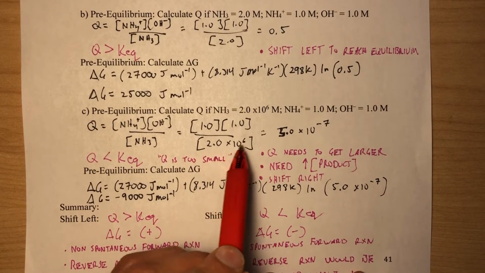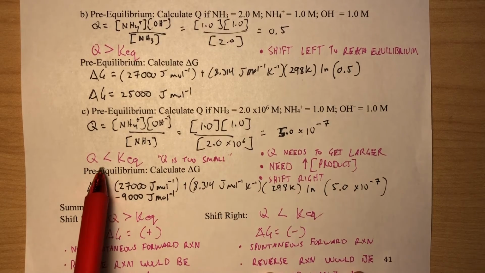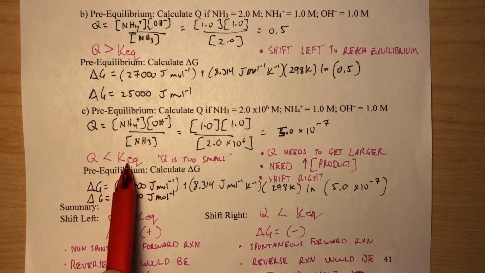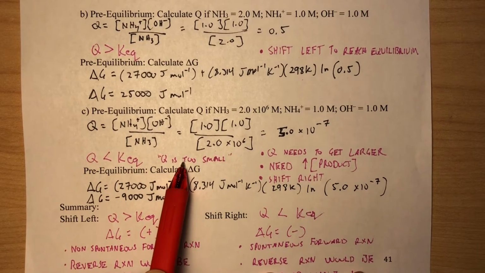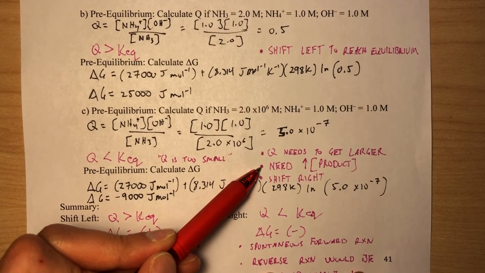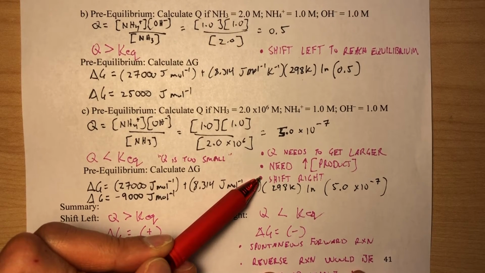We have way too much reactant, so we get a very, very small Q, which is now less than K. At equilibrium, Q is equal to K, so in order to reach equilibrium, Q needs to get larger. Q is too small. In order to make that happen, we have a shift towards our products because our product concentration must increase. That is a shift to the right side of the equation.